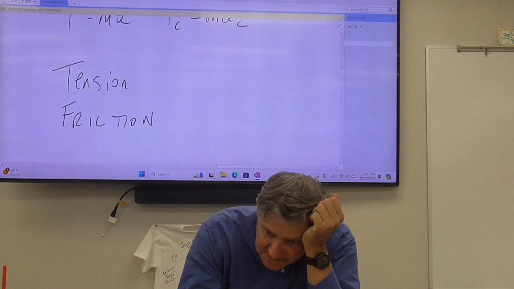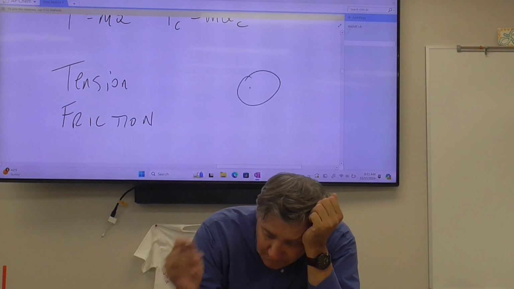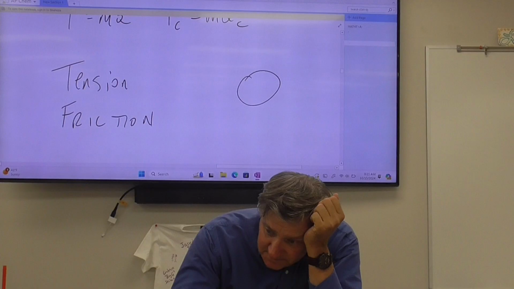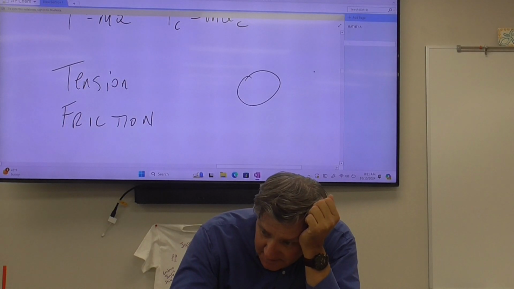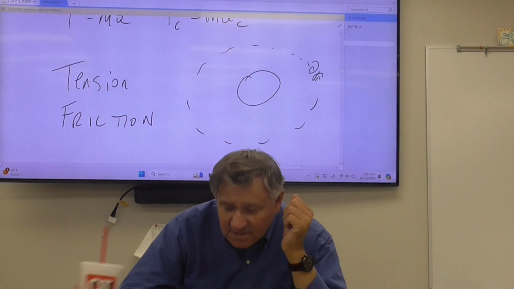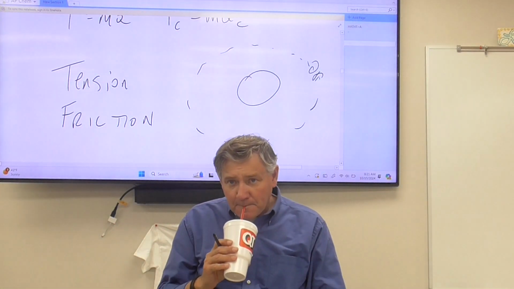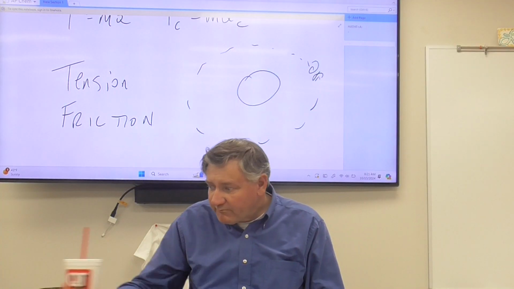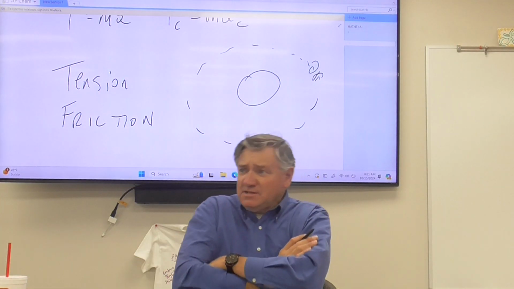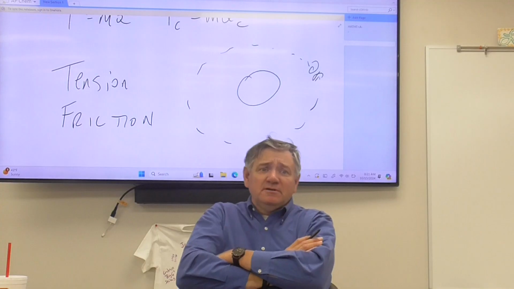Now, on a cosmic scale, here's the sun, obviously not to scale. There's the earth. Are we accelerating around the sun? Yes. And that's a good thing. Because what's your alternative?